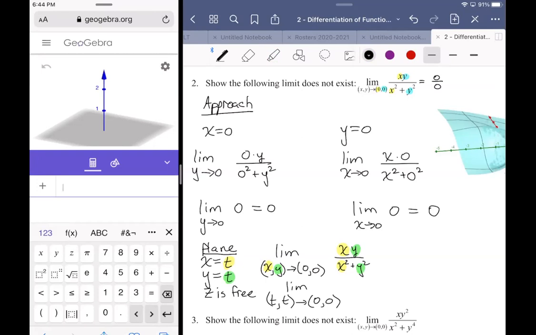It is. So we could just write that with a single t. Then we'd have t times t over t squared plus t squared. So this is the same as saying the limit as t approaches 0 of t squared over 2t squared.